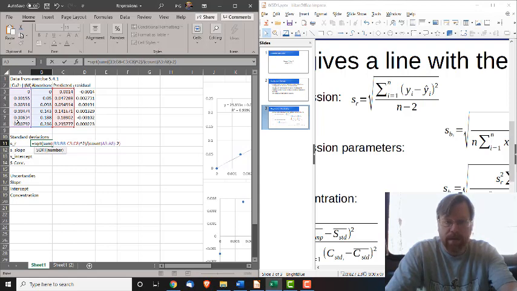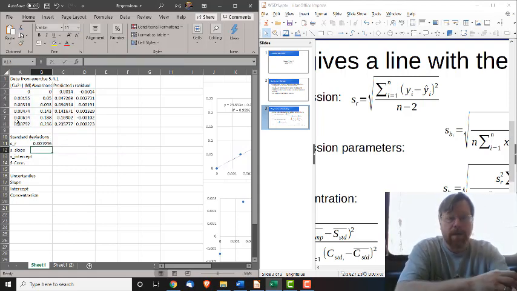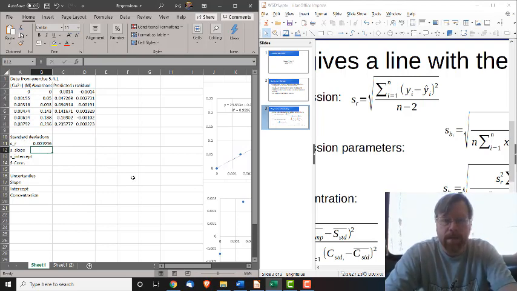But if we had multiple measurements for each concentration, as we really should for something like this, it would make things a lot easier. Okay, there we go. I've got my uncertainty or standard deviation for my regression.